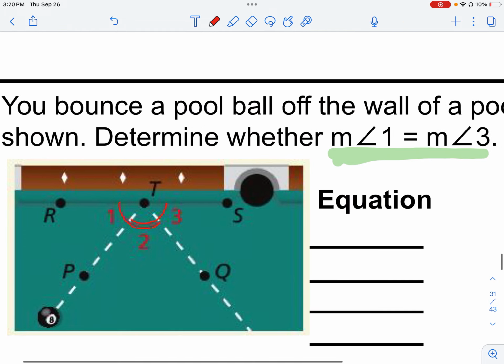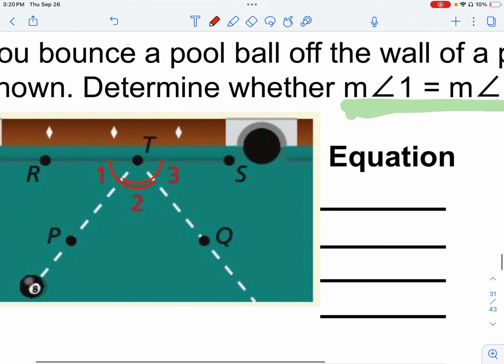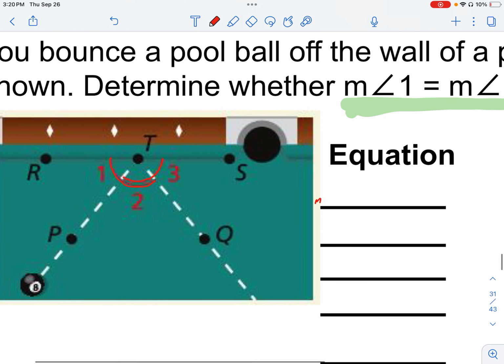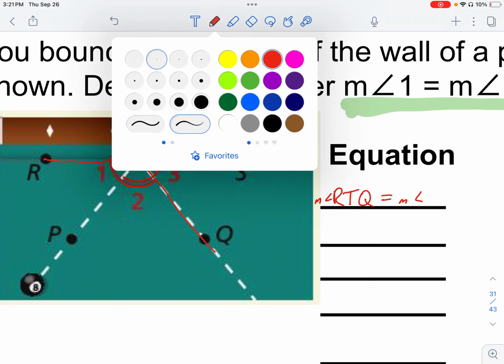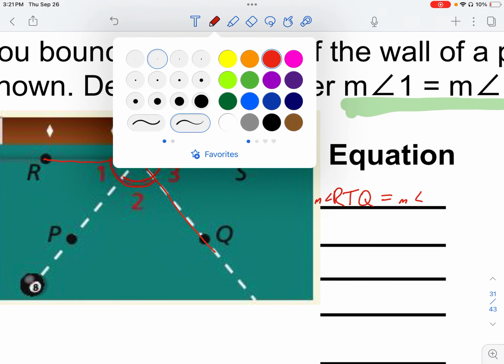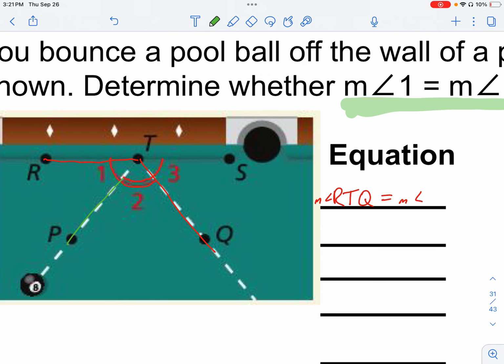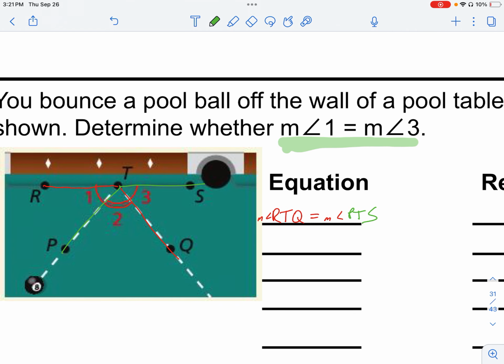And what those arcs are telling us is that the measure of angle RTQ is equal to the measure of angle PTS.